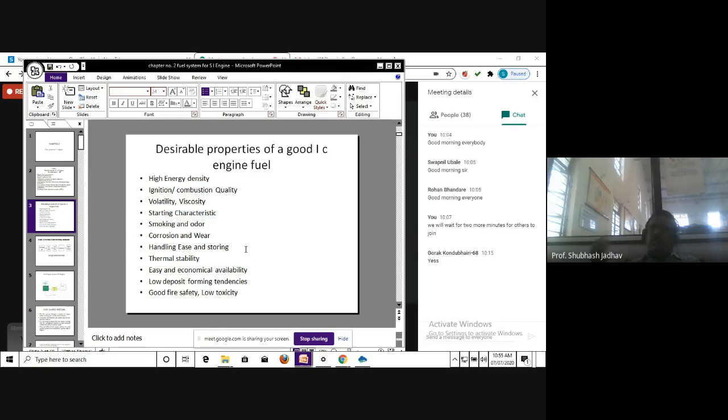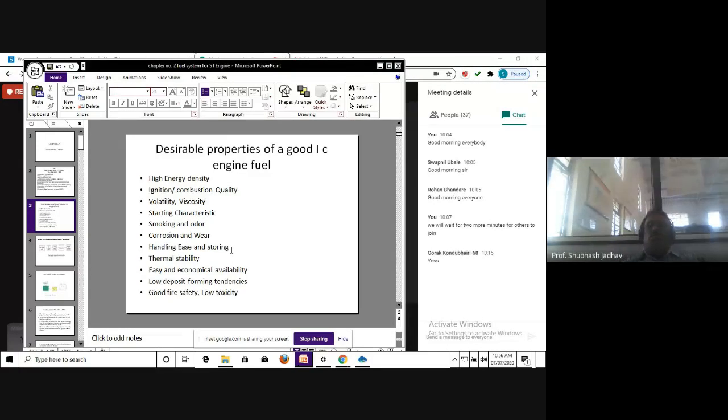If you take the example of again the cooking oil and the ghee, we know that cooking oil is easier to carry than ghee, because the viscosity of ghee is more, so it becomes difficult to transfer from one container to another, or from one place to another, etc. So that becomes the handling ease. The ease with which we can handle the fuel is the handling ease, and storing. Also, it should be easy to store.